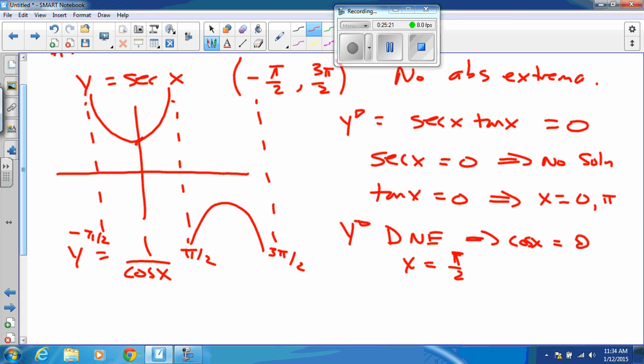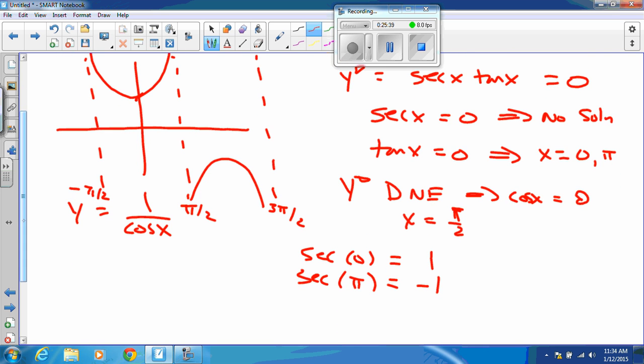So I consider what is secant of 0, what is secant of pi. Secant of 0 is 1 over cosine of 0, which is 1. And secant of pi is 1 over cosine of pi, which is negative 1. And now I consider carefully what happens when I plug in x equals pi over 2, and I see the world explodes because I divided by 0.